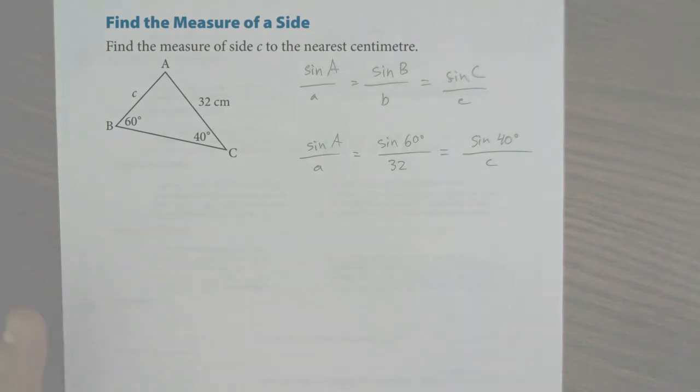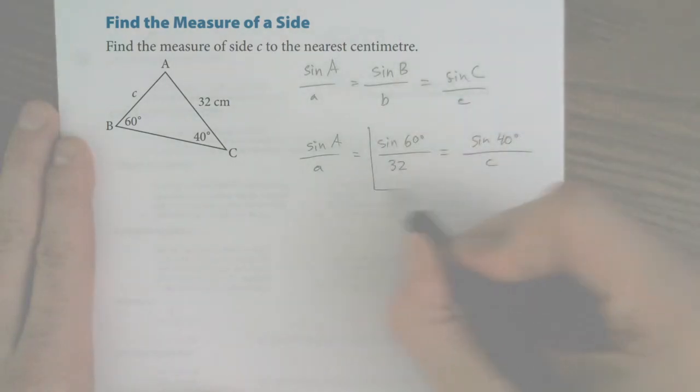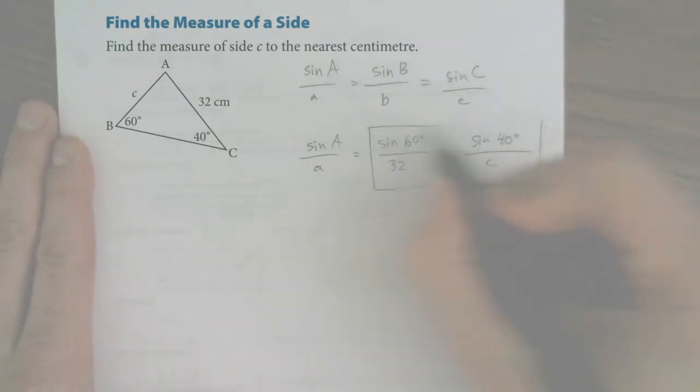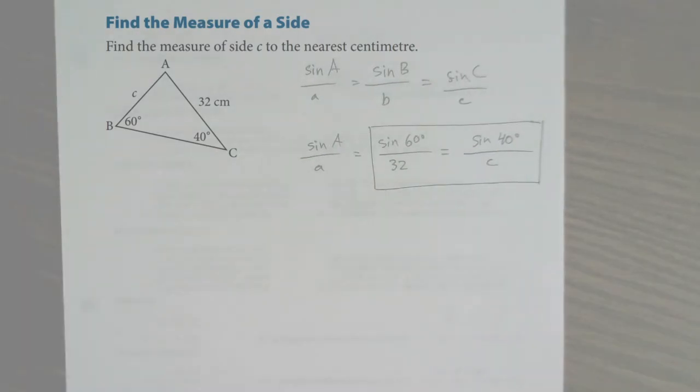So what I'm going to actually do is take this here, and just looking at that equation, I can see that there's only one variable. And because there's only one variable in this equation, I know that I can solve for that variable. I can isolate for that variable.